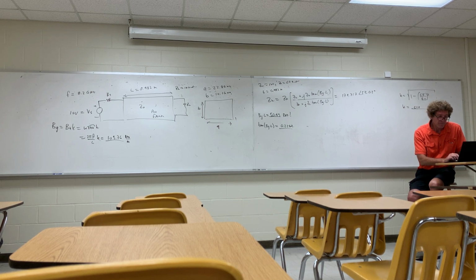All right, now L on this one is 0.482, is that right? Yes. Is that correct? Okay, so when I do this and I get ZN, I got 457.543 at an angle.